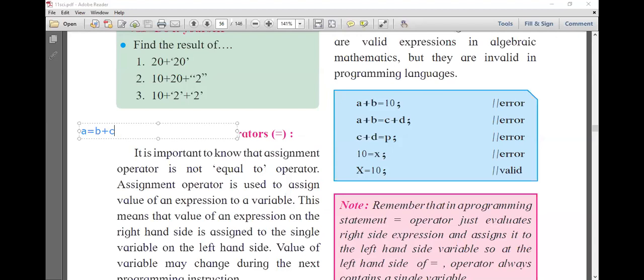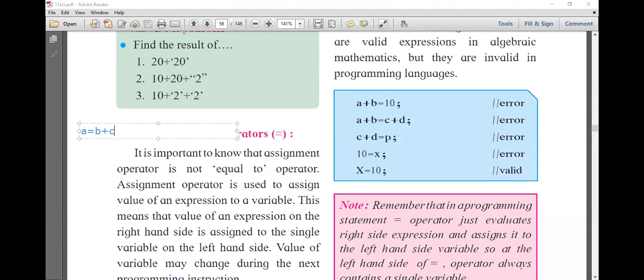So you have to write equations in this way. You can't write b plus c is equal to a, otherwise you will get an error. You have to write a is equal to b plus c. This is the right way to write any equation in programming.